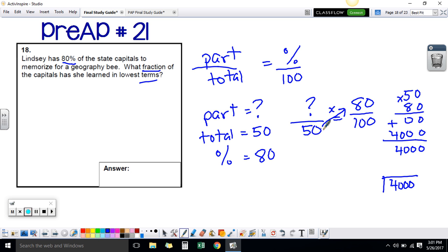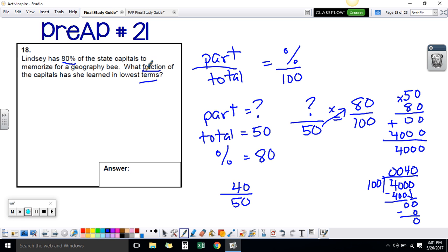Remember, cross multiply these two, divide by the 100. 100 will not go into 4, it will not go into 40, it will go into 400 4 times, but we still got to subtract and bring down. 100 goes into 0, 0 times, and now we're done. So Lindsay has 40 out of 50 memorized.